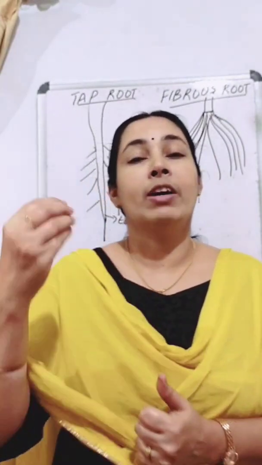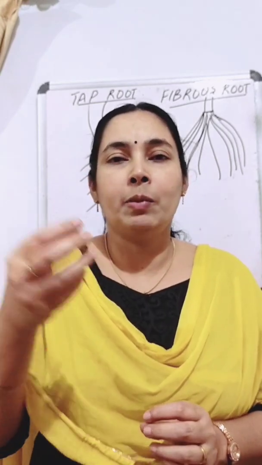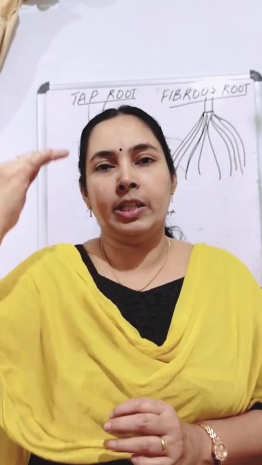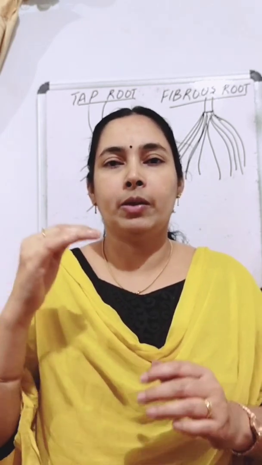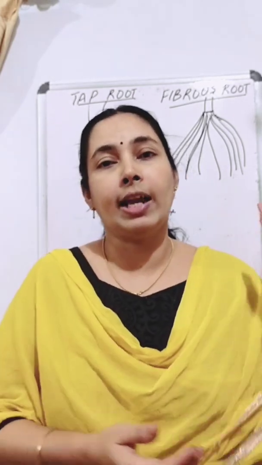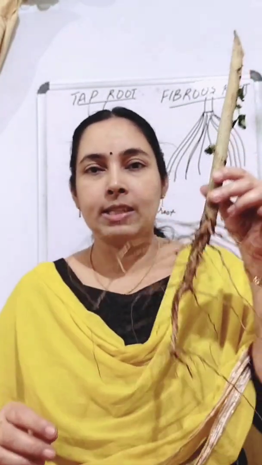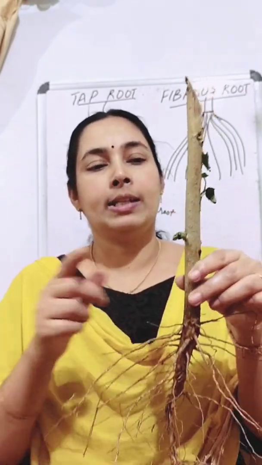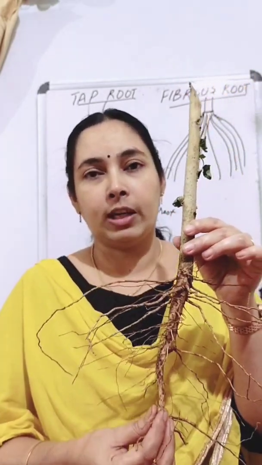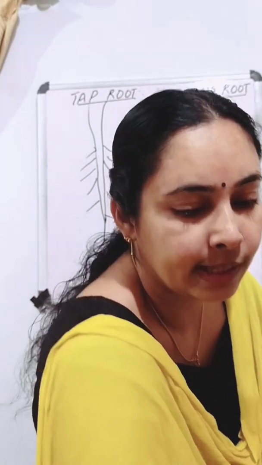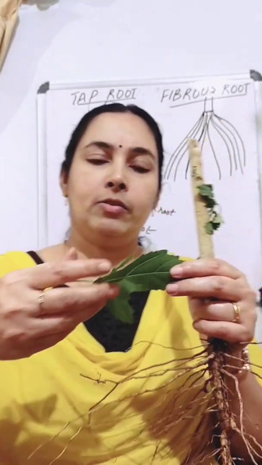Now we can look whether there is any relation between leaf venation and root. Whether there is any connection between the venation of the leaf and the type of the root. So first we can look this root. So this is what? Taproot. And this is the taproot of a lady's finger plant. Now we can look at the leaf of a lady's finger.